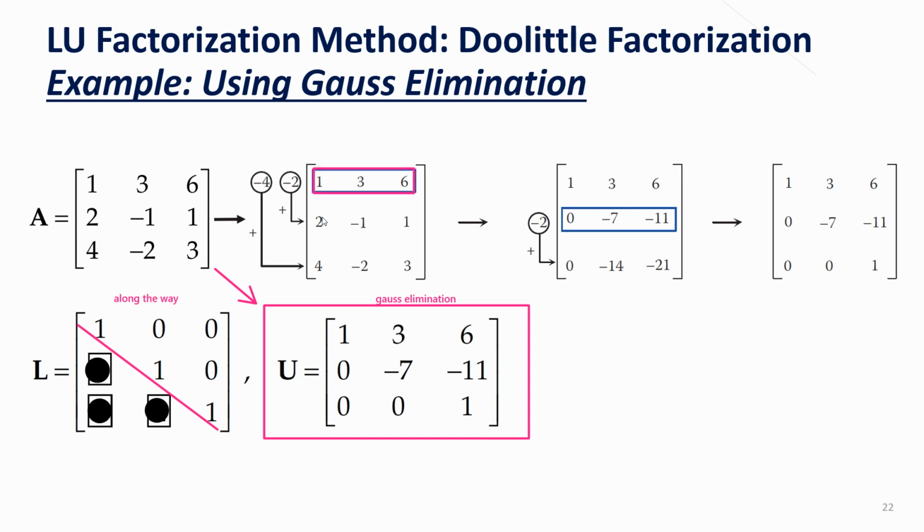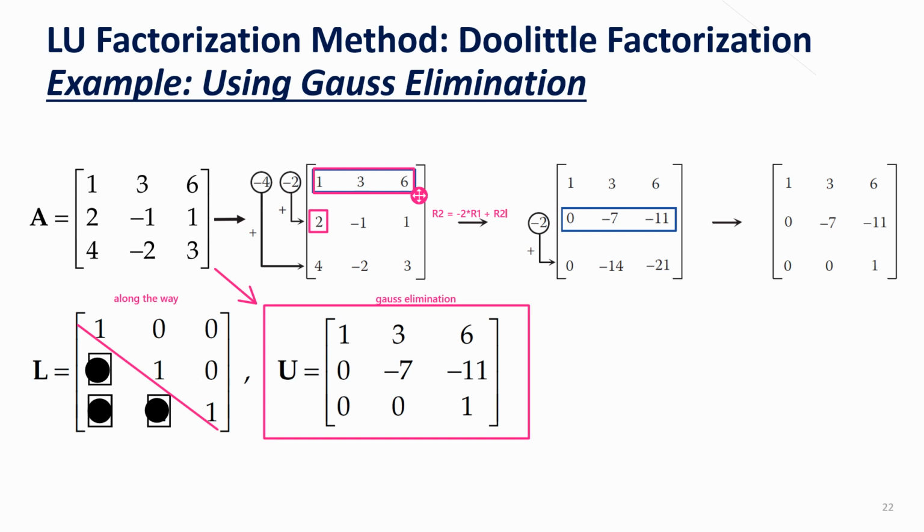So to get rid of this, the calculation is that the new R2 value equals -2 multiplied by row 1 plus the old R2 value.